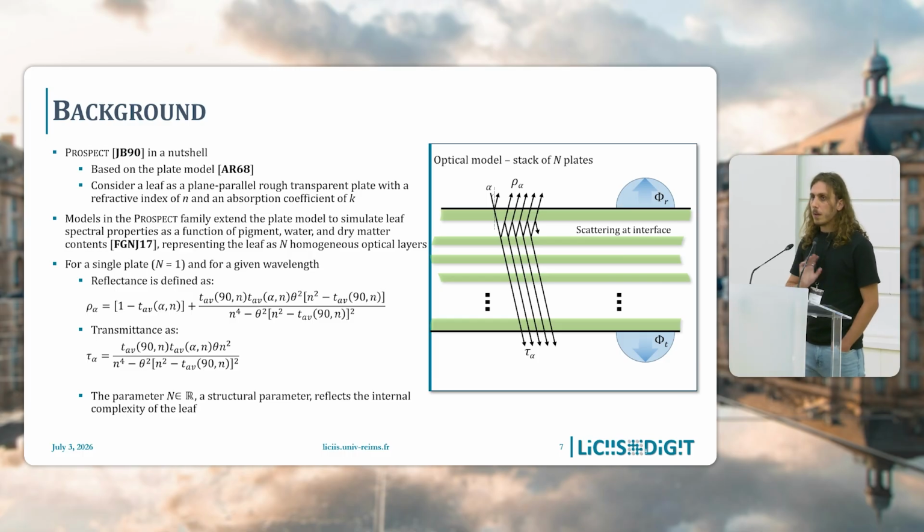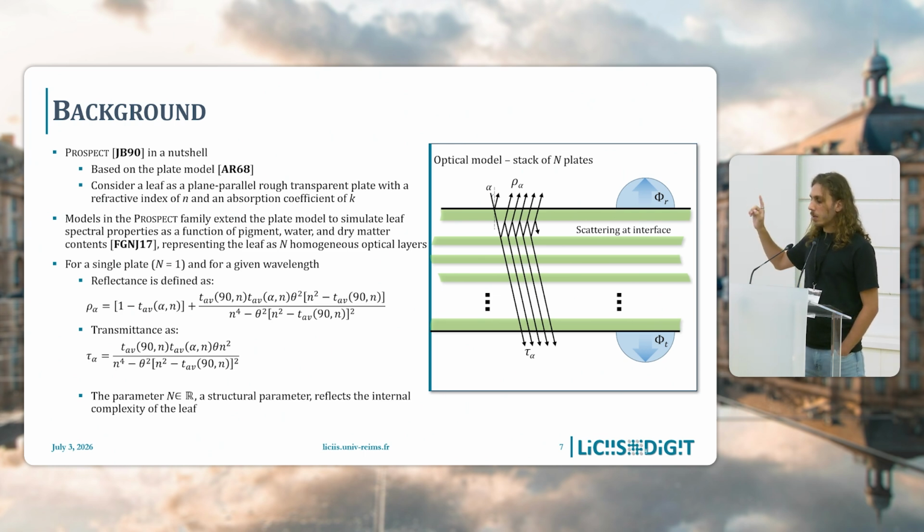This family of models extends the plate model to simulate leaf spectral properties as a function of pigment, water, and dry matter. So we integrate biology elements to make our rendering, and they propose formulations to compute reflectance, transmittance, and absorption with this information.